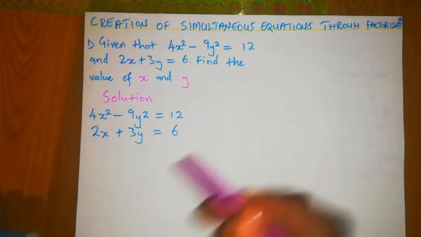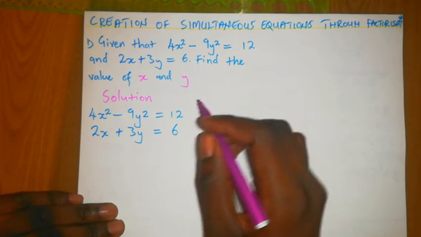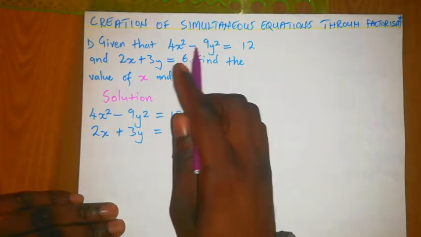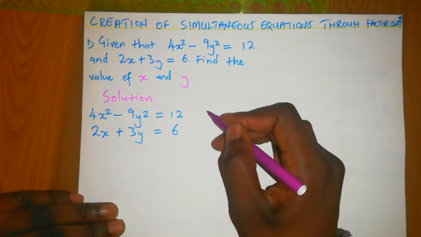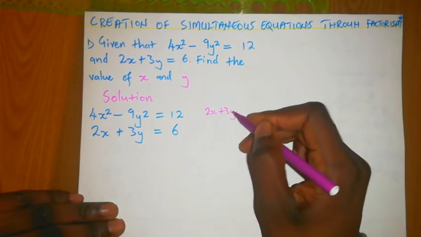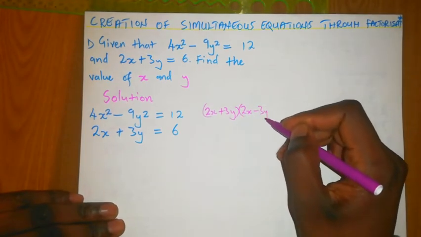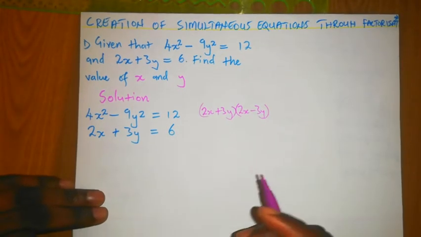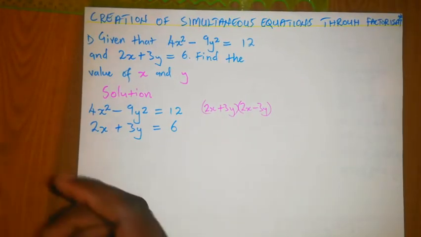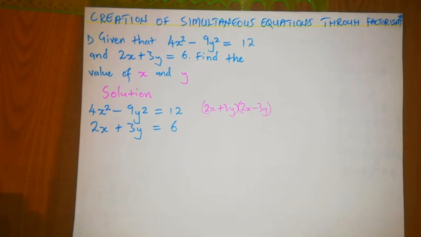Upon your solution, you have to know that if you are to factorize 4x squared minus 9y squared, you're going to obtain 2x plus 3y and 2x minus 3y. This is a prerequisite. If you're answering that question, you have to know that it is to be factorized in the form of difference between two squares.